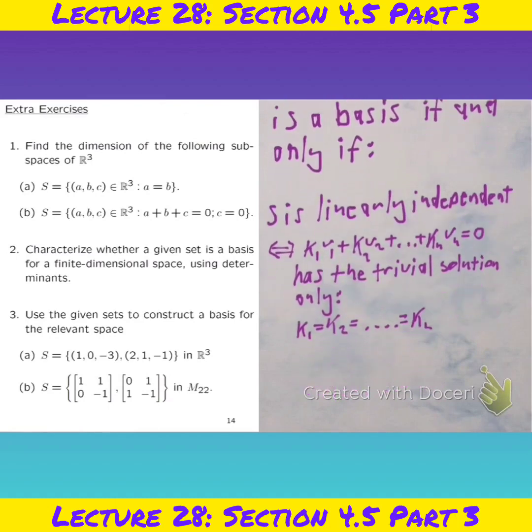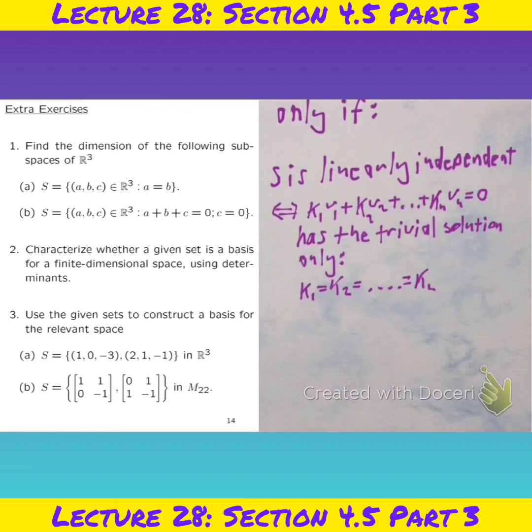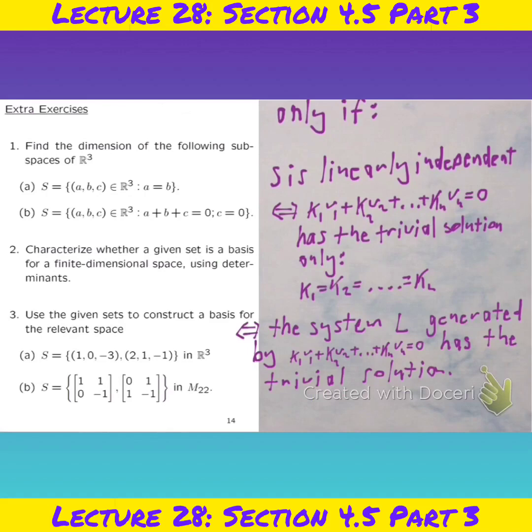And the only way that can happen is if the following holds. The linear system L generated by this equation, the one we talked about just now, has the trivial solution. So remember, from here you're going to get a linear system of equations.